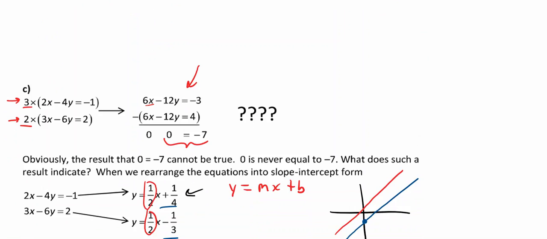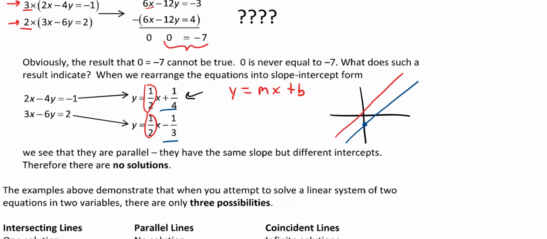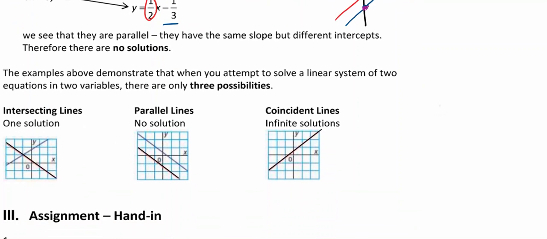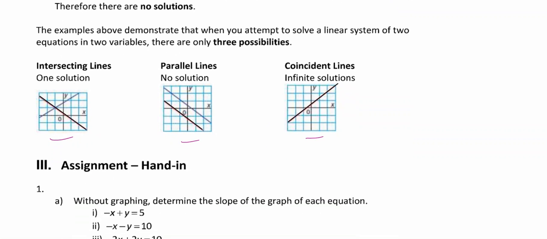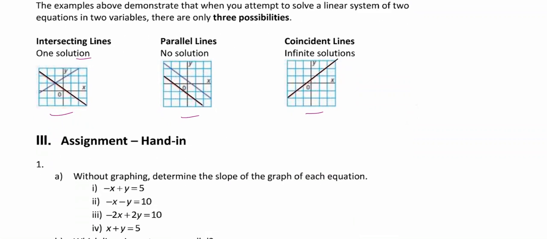The third scenario is that they have the same slope but different y-intercepts, so they never cross and you have no solutions. That's pretty much it for the lesson. So intersecting lines, parallel lines, or coincident lines: one solution, no solutions, or infinite solutions.